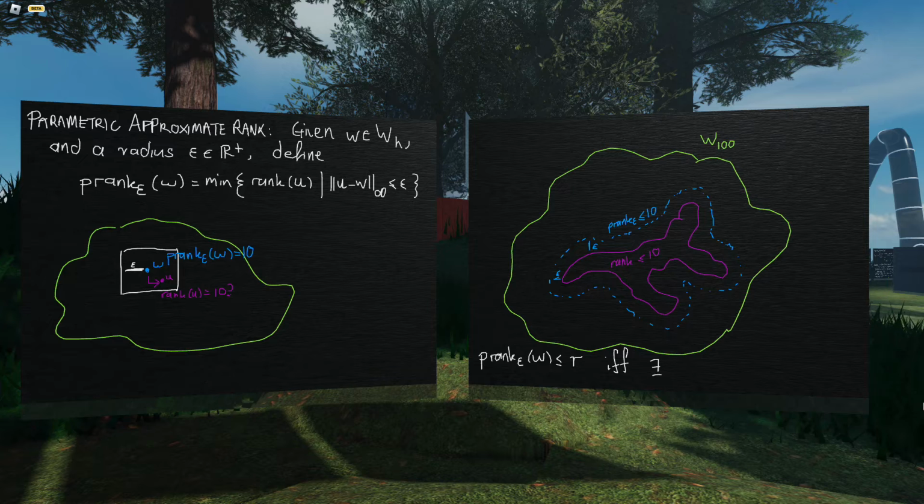epsilon of W is less than or equal to some particular value if and only if there exists a parameter U with rank of U less than or equal to R, and the distance between these two is small: the infinity norm of U minus W is less than or equal to epsilon.